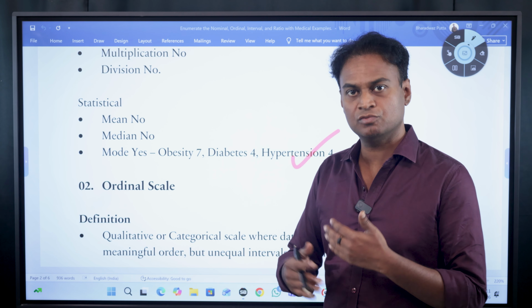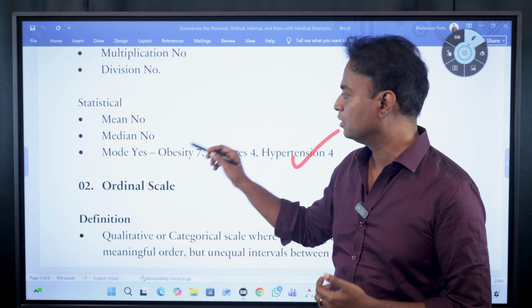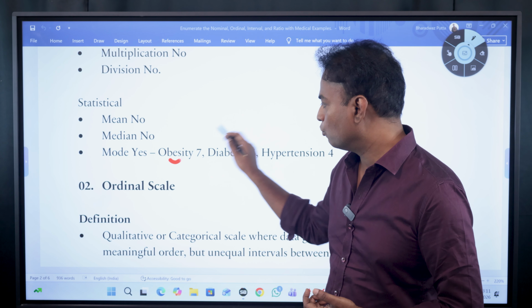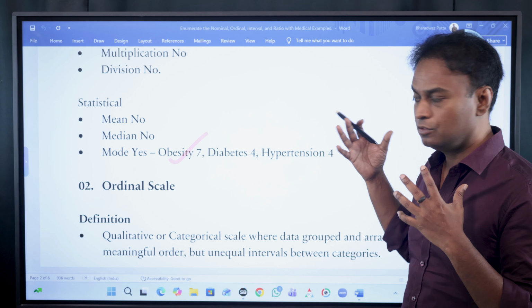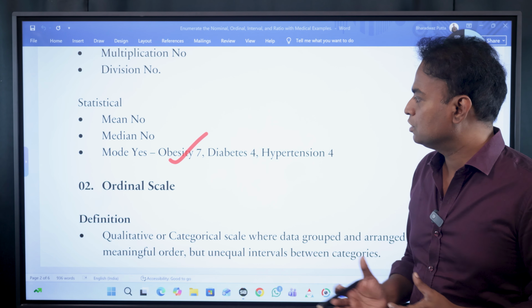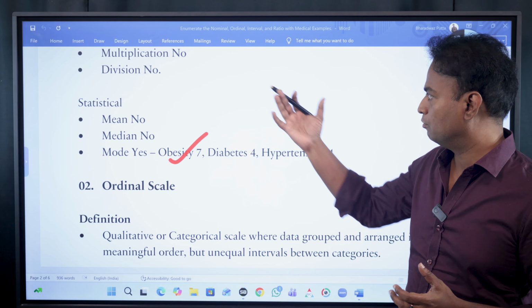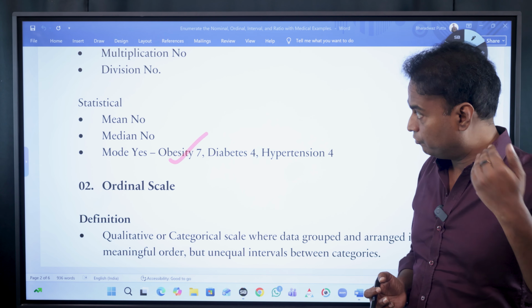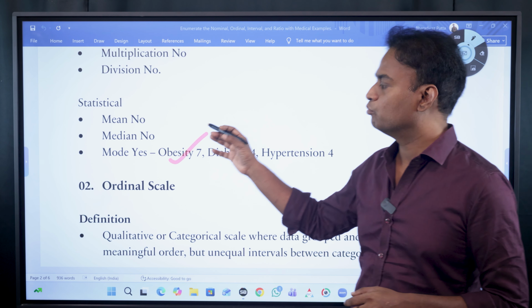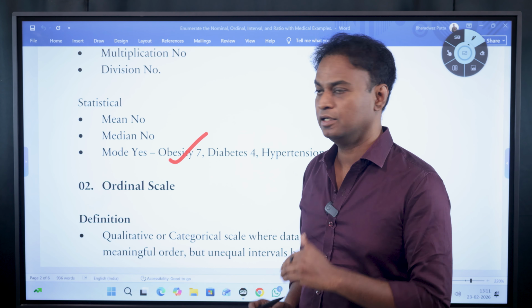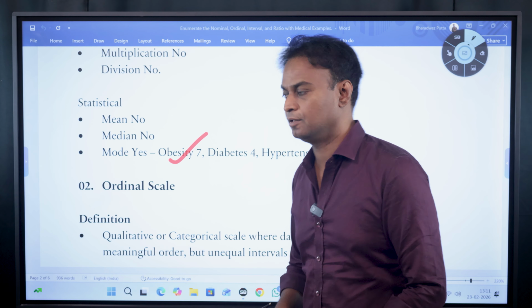Which is frequently repeated? Obesity is the mode for that data set. In the nominal scale, the only thing you can calculate statistically is the mode.